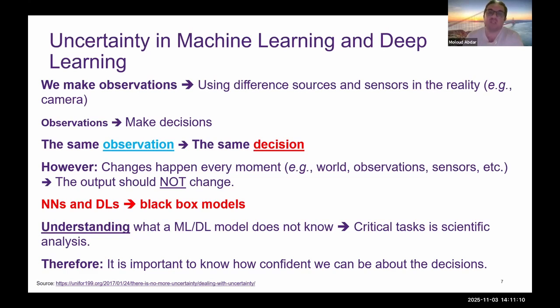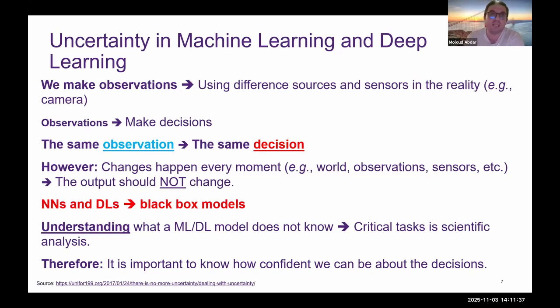We make observations using different sources and sensors in reality, like cameras, and then based on those observations we make decisions. When we have the same observation, we should make the same decision. But the world is changing every moment.